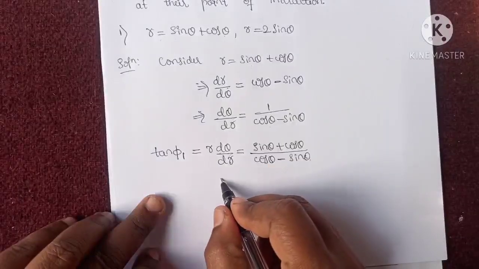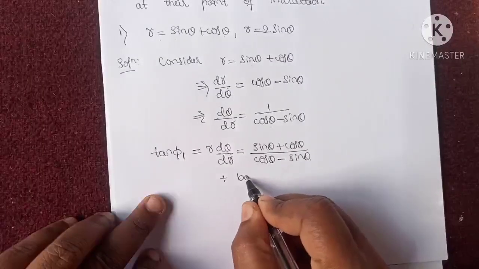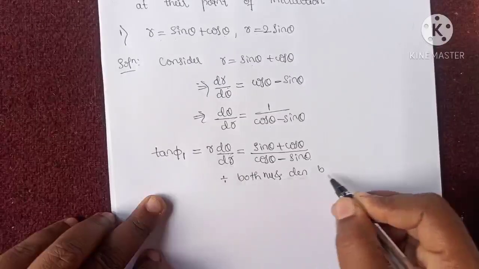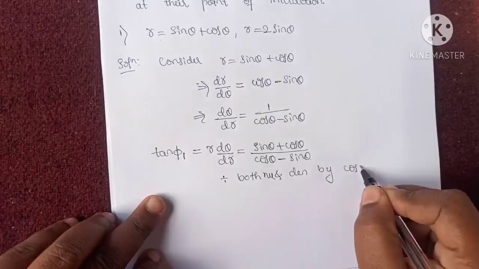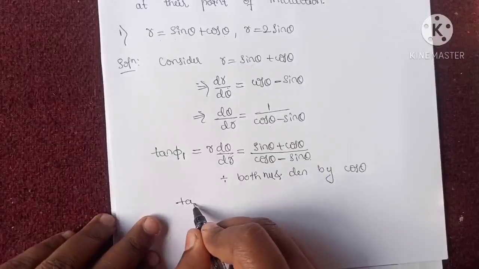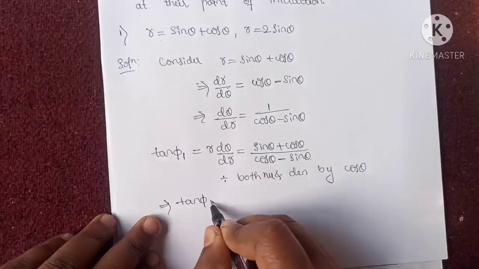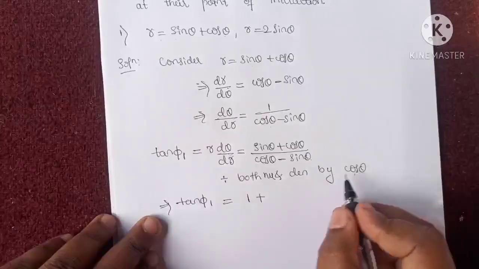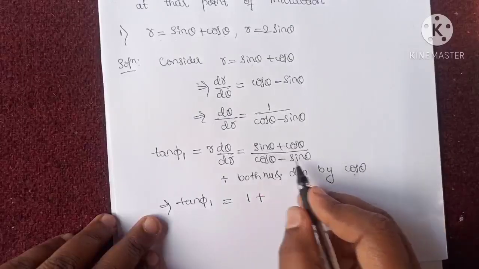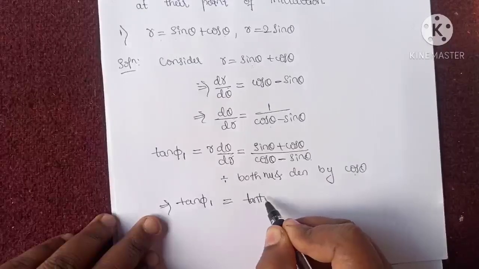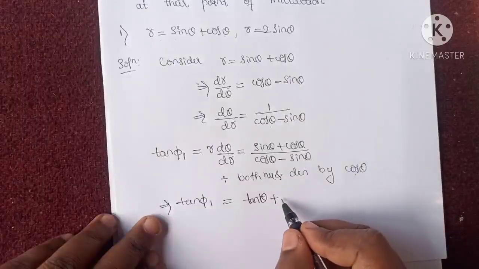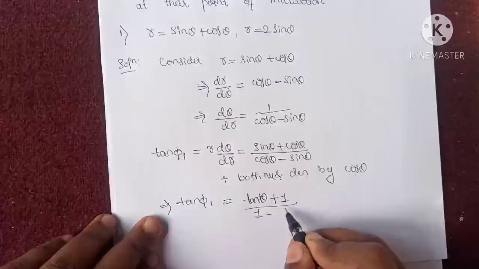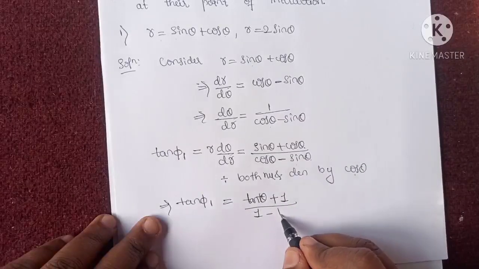Now dividing both numerator and denominator by cos theta, we get tan phi 1 equals sin theta by cos theta, which is tan theta, plus cos by cos, which is 1, divided by cos by cos, which is 1, minus sin by cos theta, which is tan theta.